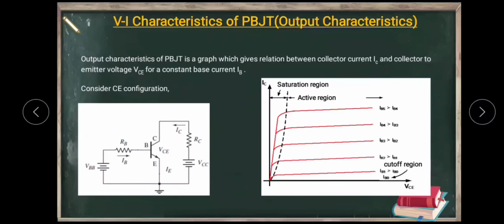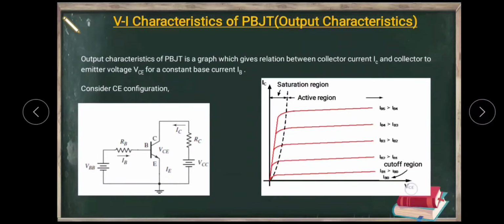When IB is given, as VCE increases, collector current gradually increases. In saturation region, the collector current is maximum, and transistor acts like a closed switch, that is the on state. In these two regions, it acts like a switch.